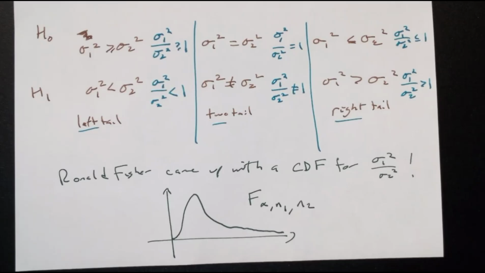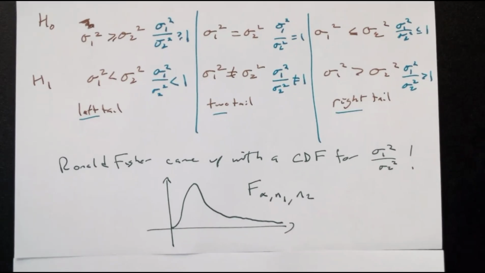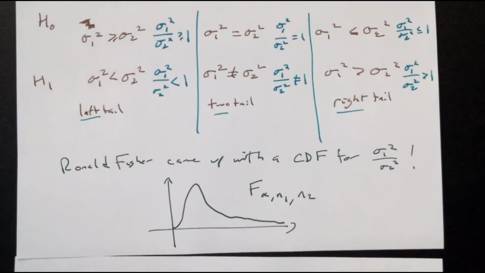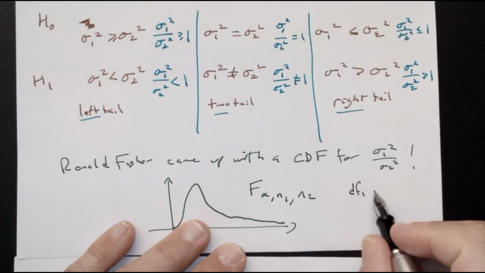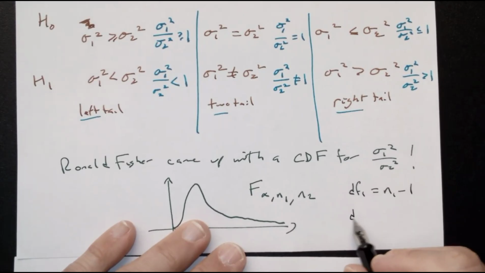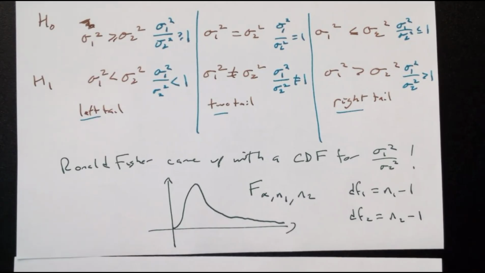And the 2 different degrees of freedom are going to be based off this N1 and N2. So I'll write it over here on the side. Degrees of freedom number 1 is N1 minus 1, and degrees of freedom 2 is N2 minus 1. So it's our same general idea.